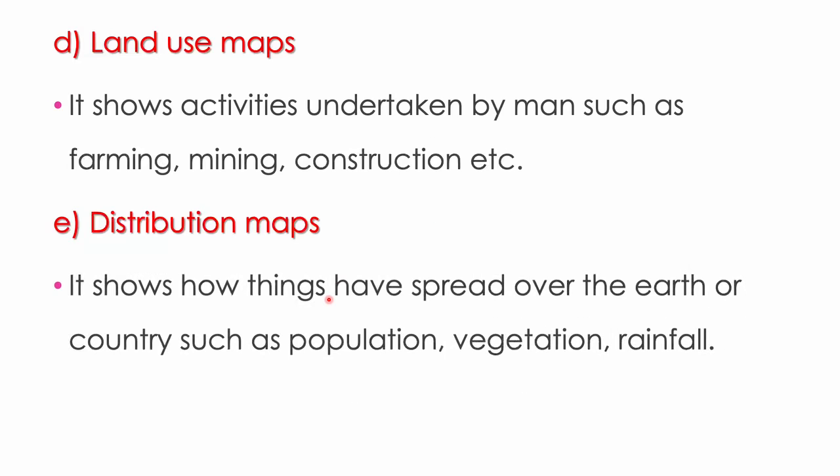And the other type of map is the distribution map. Distribution maps show how things have spread over the earth or a country, such as population, vegetation, and rainfall. Just an example.